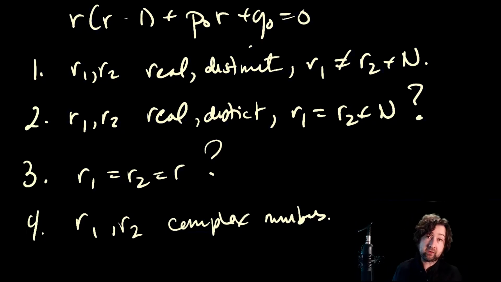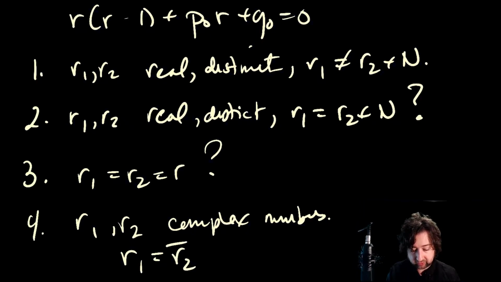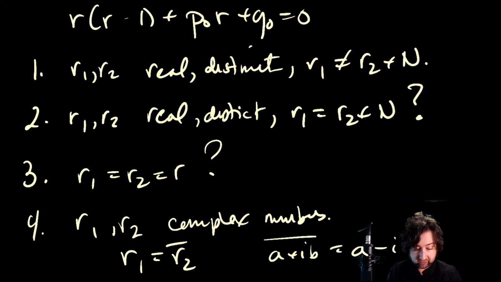Quadratic equations can have complex roots, and quadratic equations with real coefficients always have complex roots that occur in conjugate pairs. So another way of saying this is that r1 is equal to the conjugate of r2, where when we talk about the conjugation of a complex number, we just mean to put a negative in front of the imaginary part.